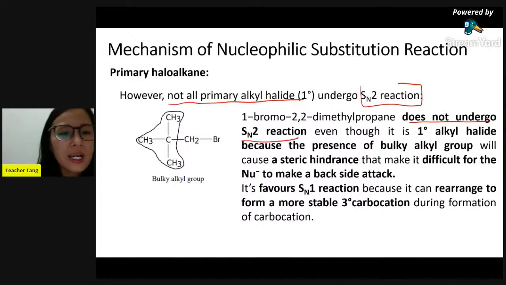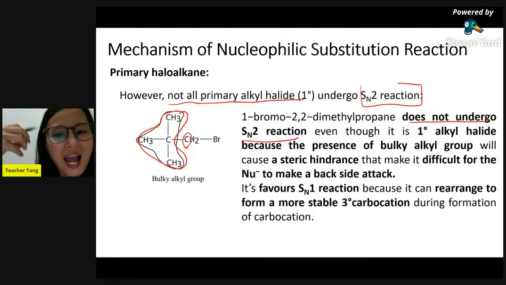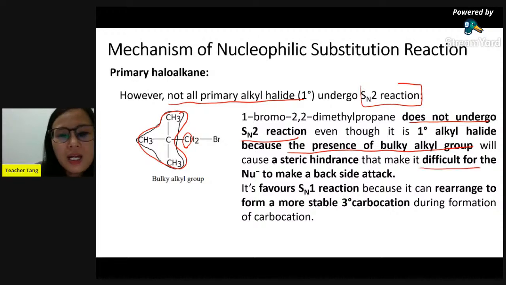It is because of this bulky alkyl group that blocks this carbon from being attacked by the nucleophile. Because of the presence of the bulky alkyl group, it is very difficult for the nucleophile to make the backside attack on the carbon that is bonded to the halogen.